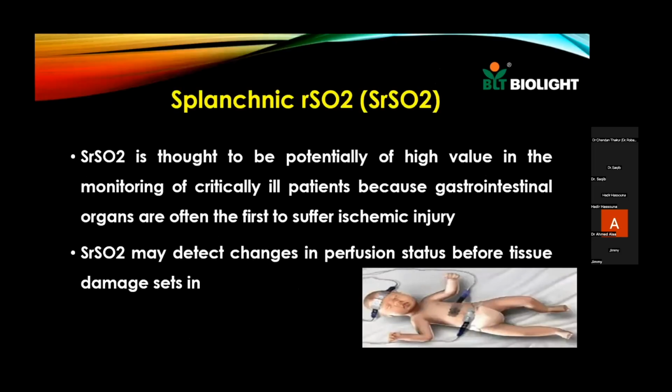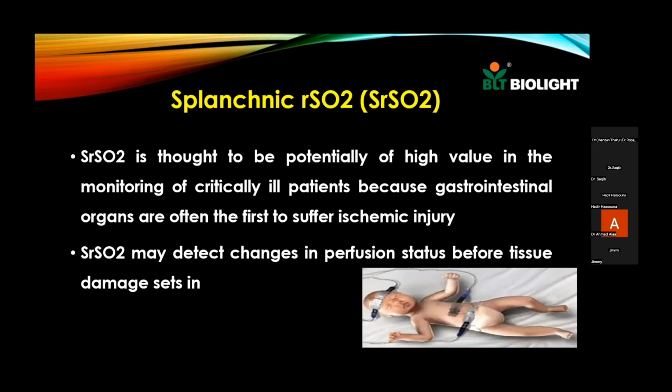Splanchnic regional saturation, as you know, has potentially high value in monitoring critical patients because gastrointestinal organs are often the first to suffer ischemic injury. Before anything else, the blood flow to the splanchnic area will decrease. This means that the body will direct the blood to the more important organs.